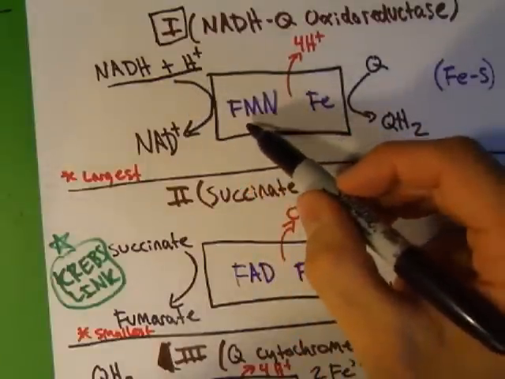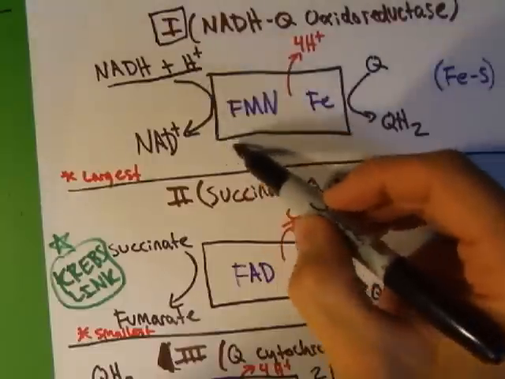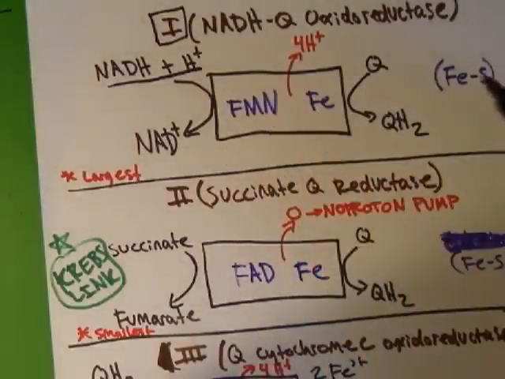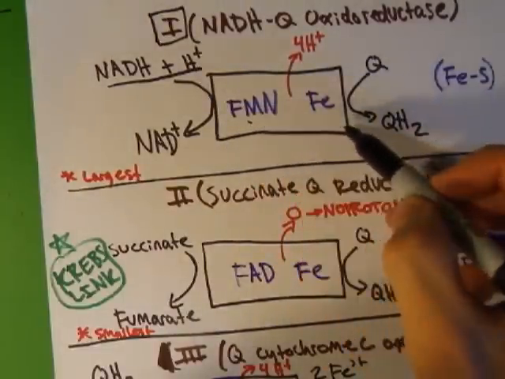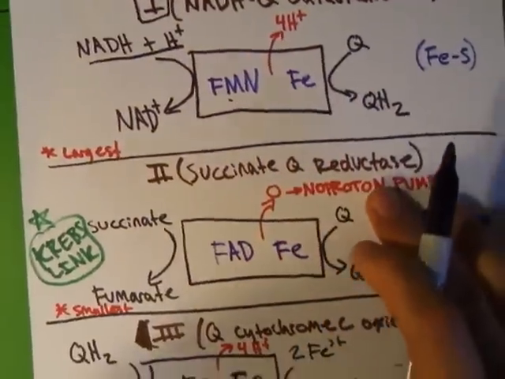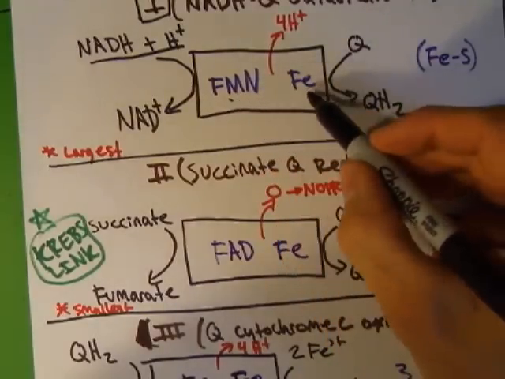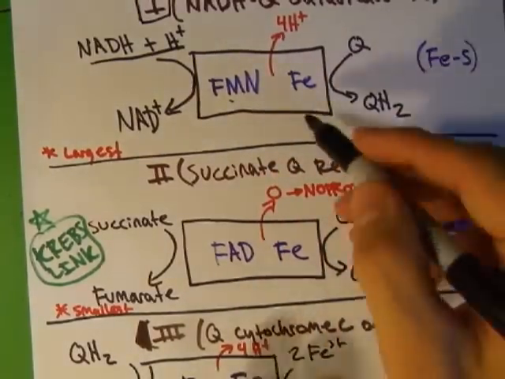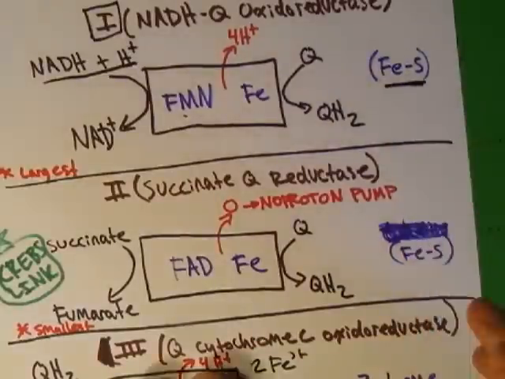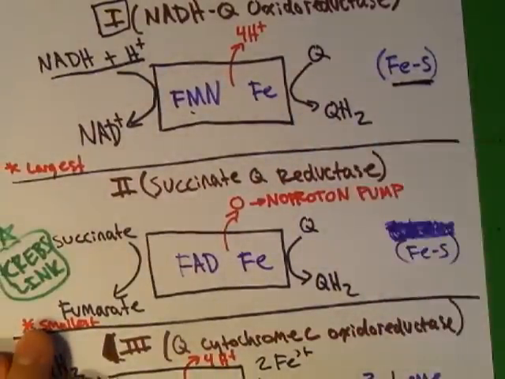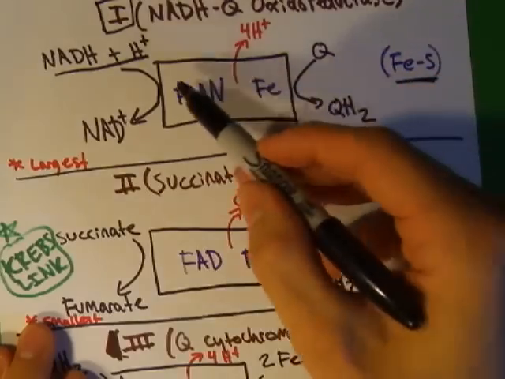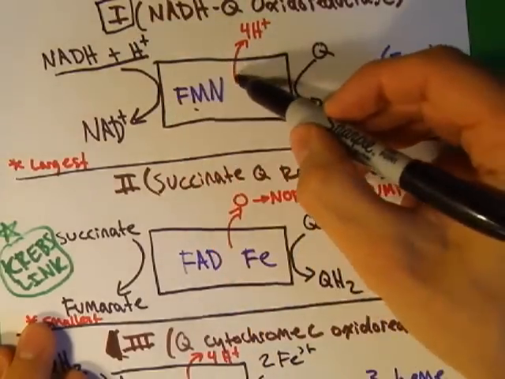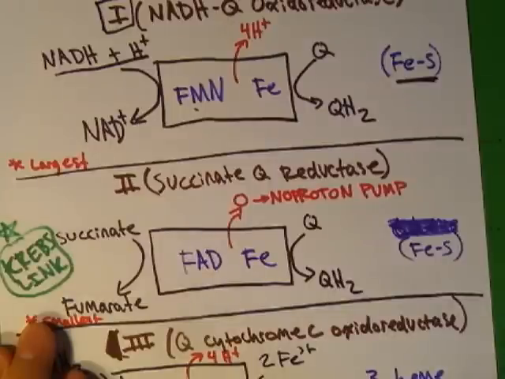And as it enters, it's going to go through complex 1 in the box here, and in blue are the prosthetic groups. We have FMN and iron. Anytime you see iron, it's an iron-sulfur part of the enzyme. From the first part of the complex, you're going to get 4 protons out of it.